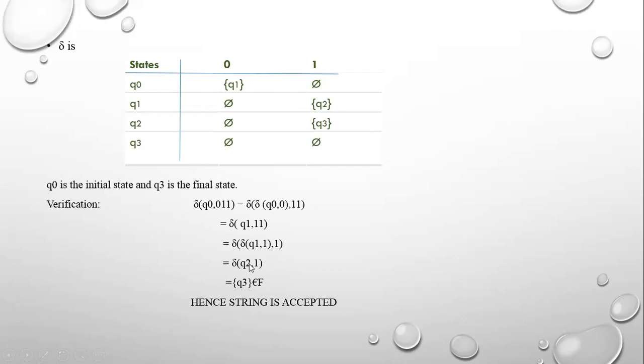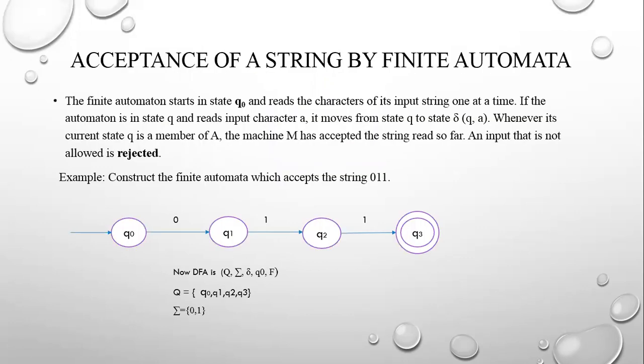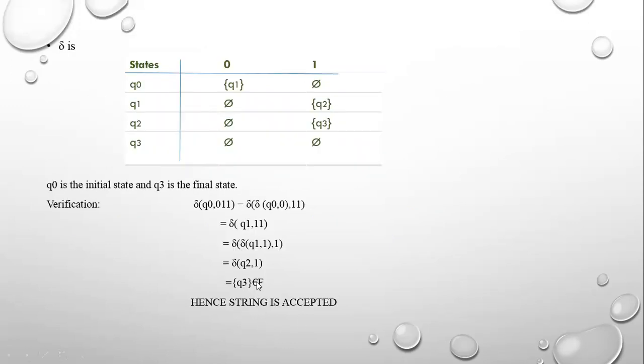Now check delta of Q2 comma 1: it reaches Q3. Q3 is the final state. Now Q3 belongs to the final states. Therefore, the given string is accepted.